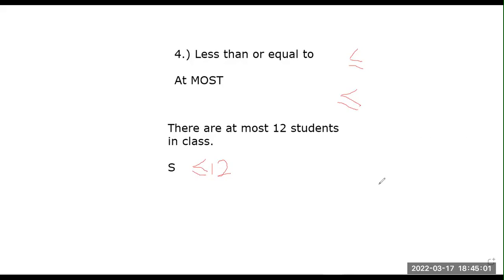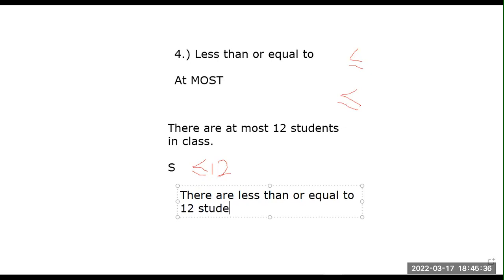Now, what is another way we can write this statement to make it equivalent? We can write it like this: less than or equal to 12 students in class today.